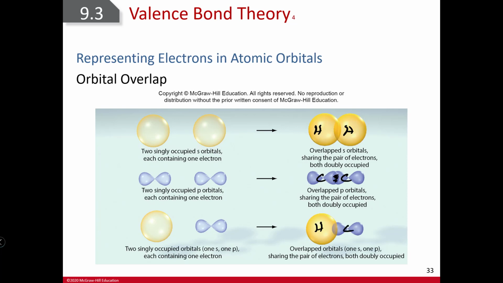All right, so there's SS overlaps, there's PP overlaps, there's SP overlaps, and these can get really complex, but these are the basic ones that we've seen already using the quantum mechanical model that we learned in chapter 6, and knowing p orbitals have direction, s are unidirectional. This is what this would look like.